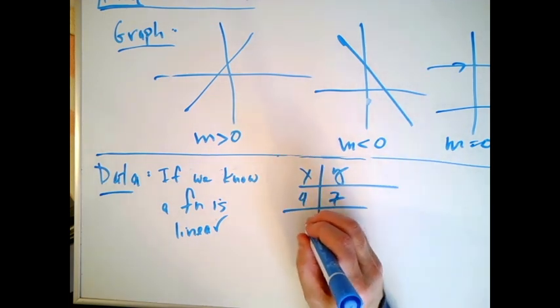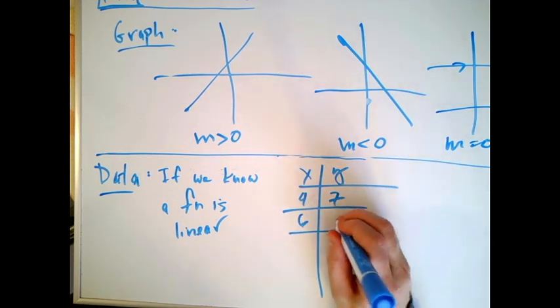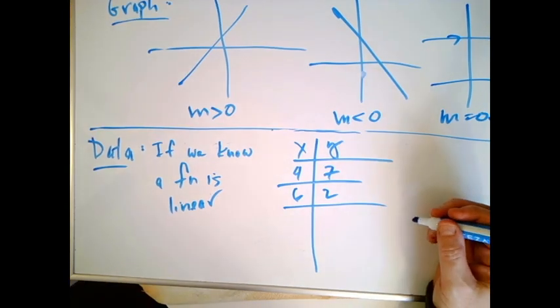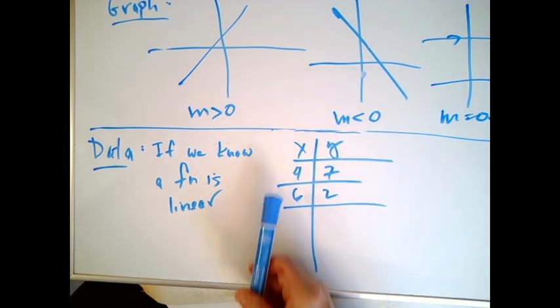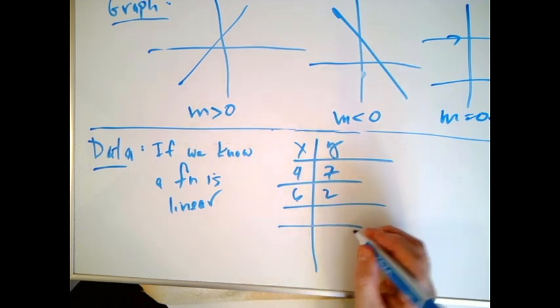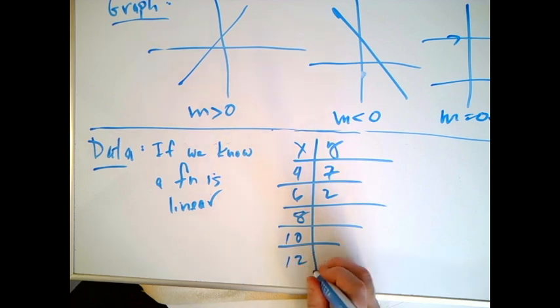Let's go by 2's here: 4, 6, and how about 7, 2? There we go. We can make this linear really easily in the following way. Just make sure the delta x's are the same as the first one. Delta x from 4 to 6 is 2, so to get all the other x's, I'm just going to keep adding 2 over and over.